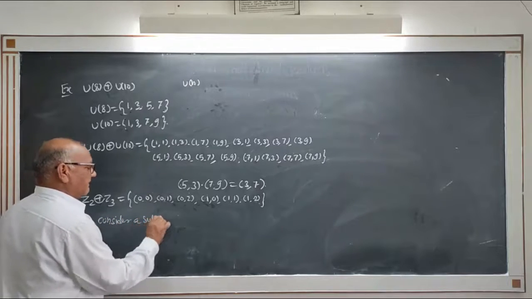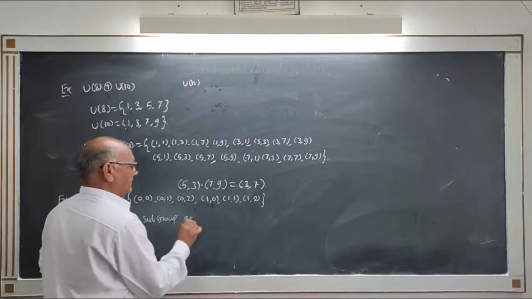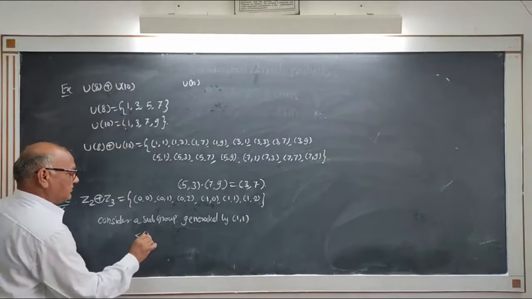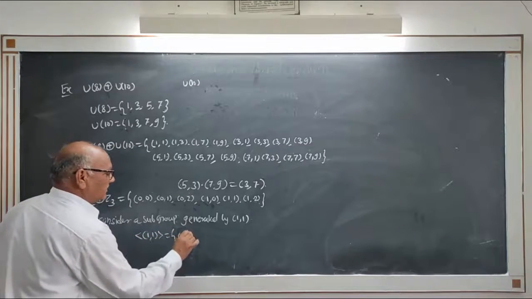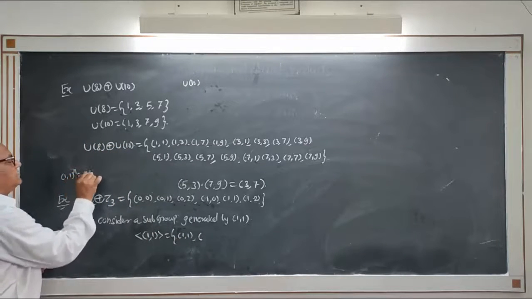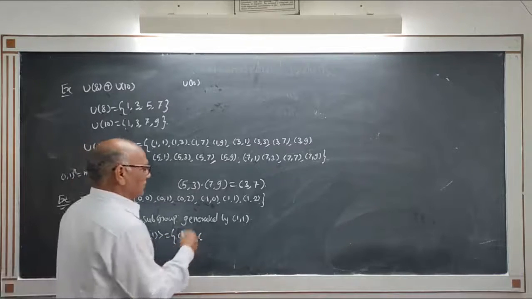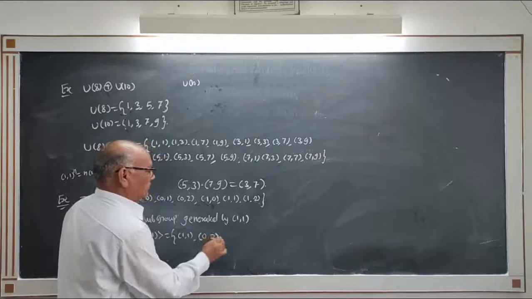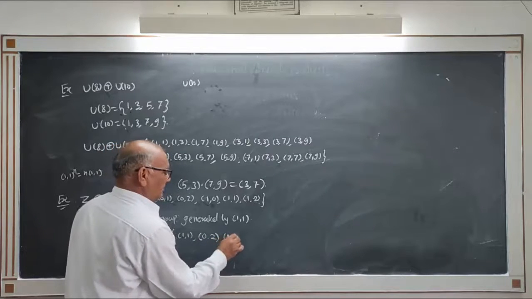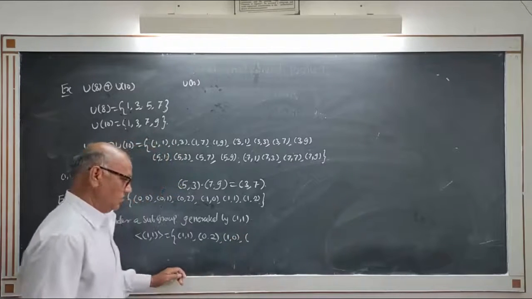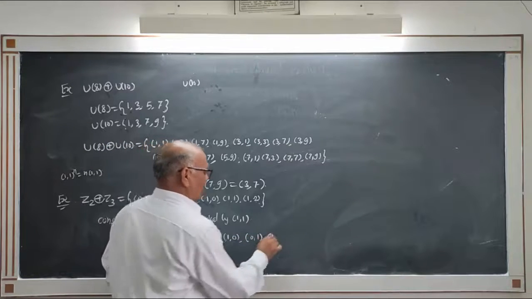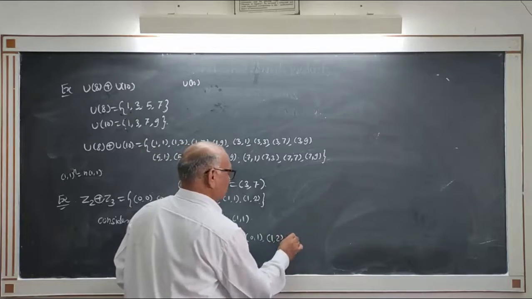Here consider the subgroup generated by (1,1). The first element is (1,1). Here (1,1) raised to n means n times (1,1). (1,1) raised to 2 means (2,2), which is (0,2). Then (1,0), then (0,1), then (1,2) and (0,0).